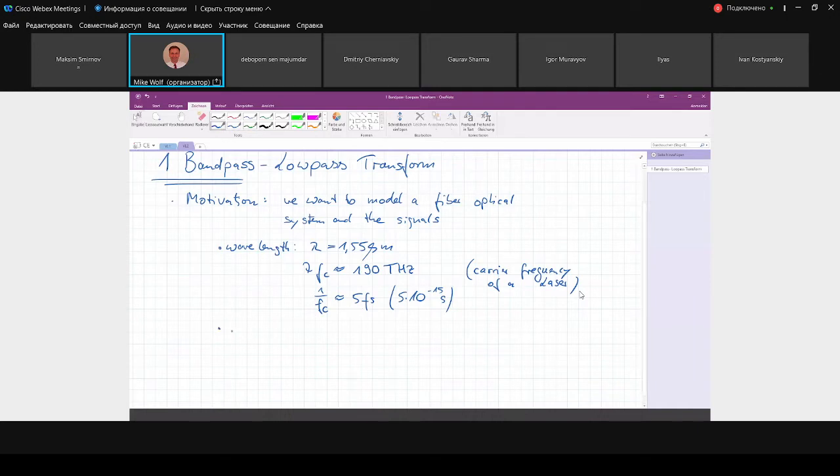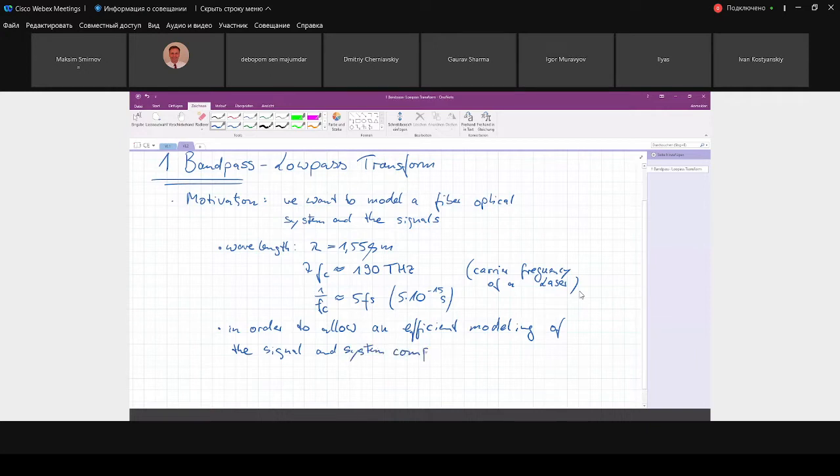So, in order to allow an efficient modeling of the signals and system components, let's say laser, fiber, photodiode, whatever, we model all these things in the equivalent low-pass range.